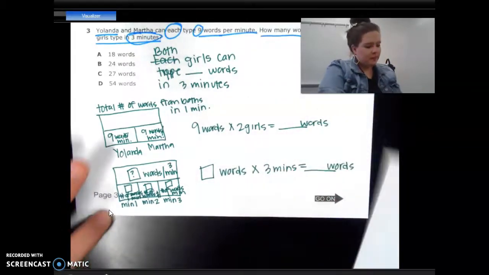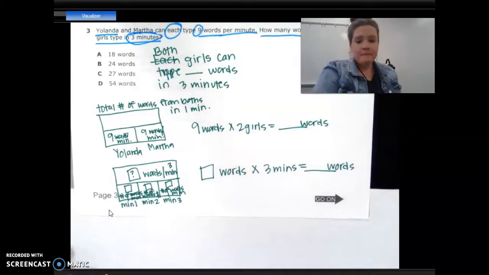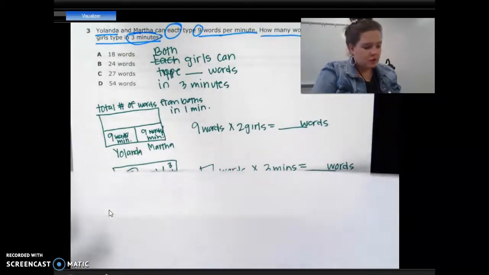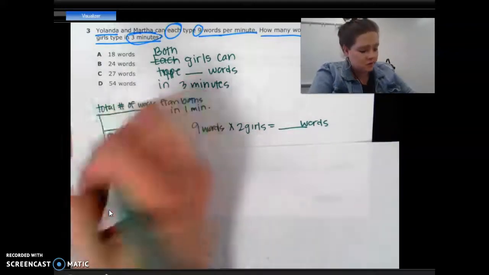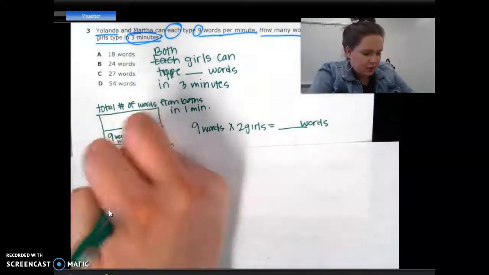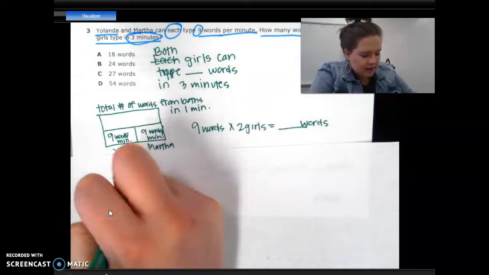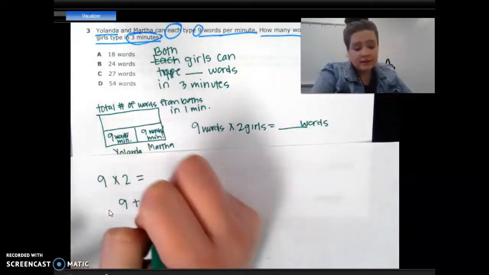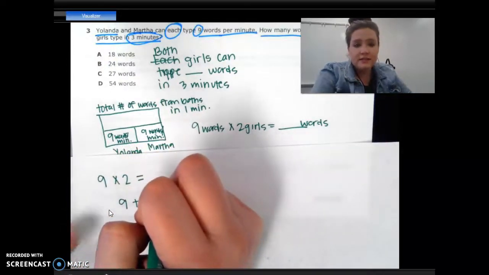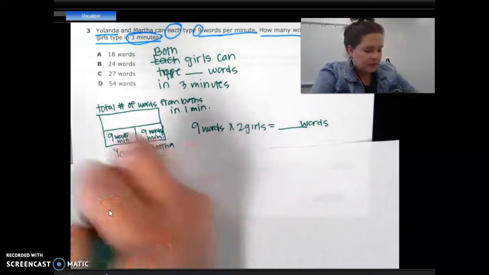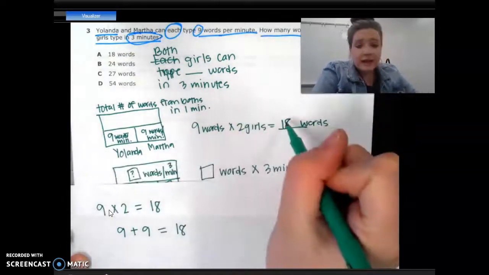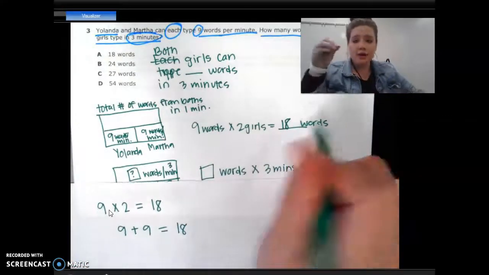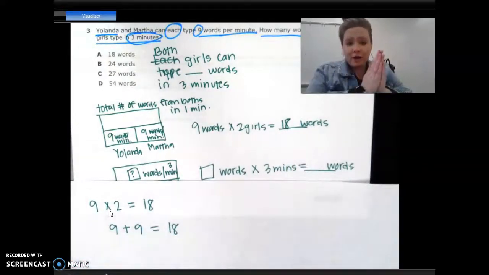Okay? Oops. So let me solve this first step. 9 times 2 equals 9 plus 9 equals 9, 10, 11, 12, 13, 14, 15, 16, 17, 18. So 9 times 2 equals 18. So the girls together, Yolanda and Martha, together type a total of 18 words.